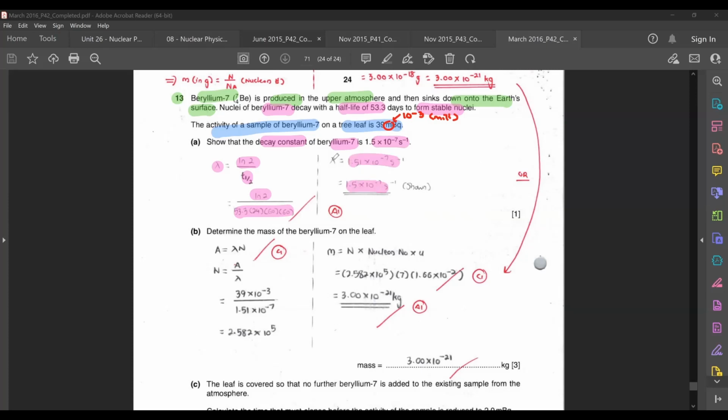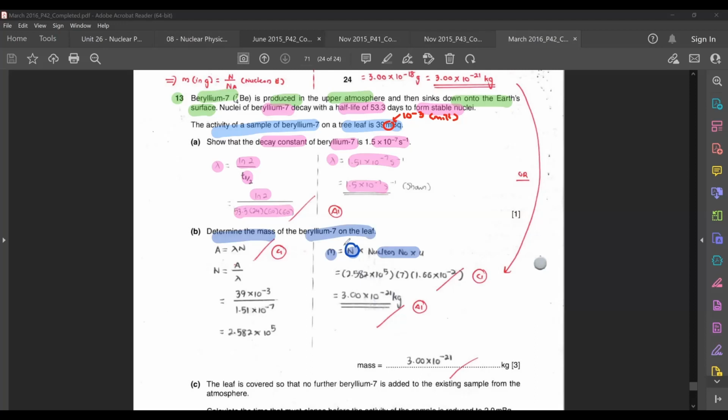Okay, this one I don't think we need to spend so much time on. For B, determine the mass of beryllium-7 on the leaf. Same thing again, you are determining mass. Usually you need the number of nuclei multiplied with the mass of the nucleus, so in the first place you need to find the number of nuclei.